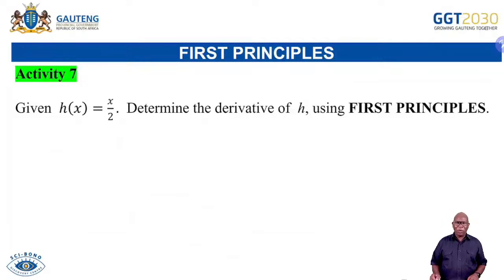I know most of us as learners, we hate fractions, but that's an easy fraction. It's x over 2. As simple as that. Determine the derivative of that using the first principles again. Now first I must write it nicely there. So I can say h of x equals.